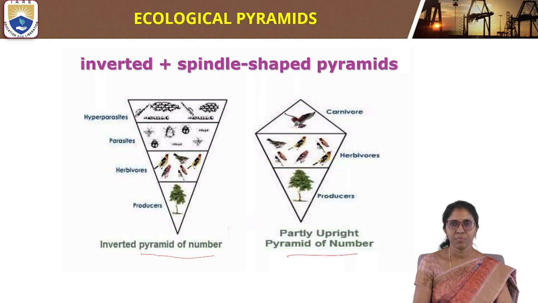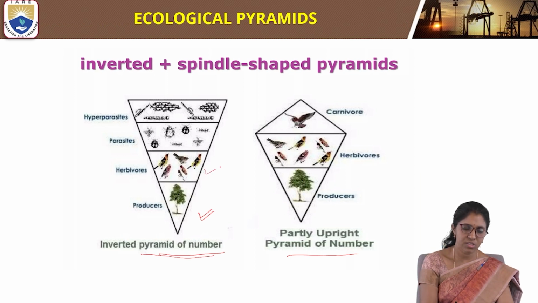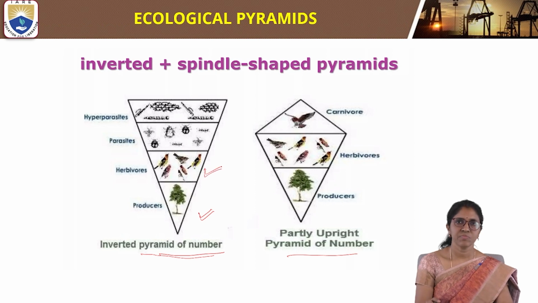In the inverted pyramid, the producers are in less number, the herbivores are somewhat more in number than producers, and the top position is occupied by hyperparasites. So: producers, herbivores, parasites, hyperparasites.